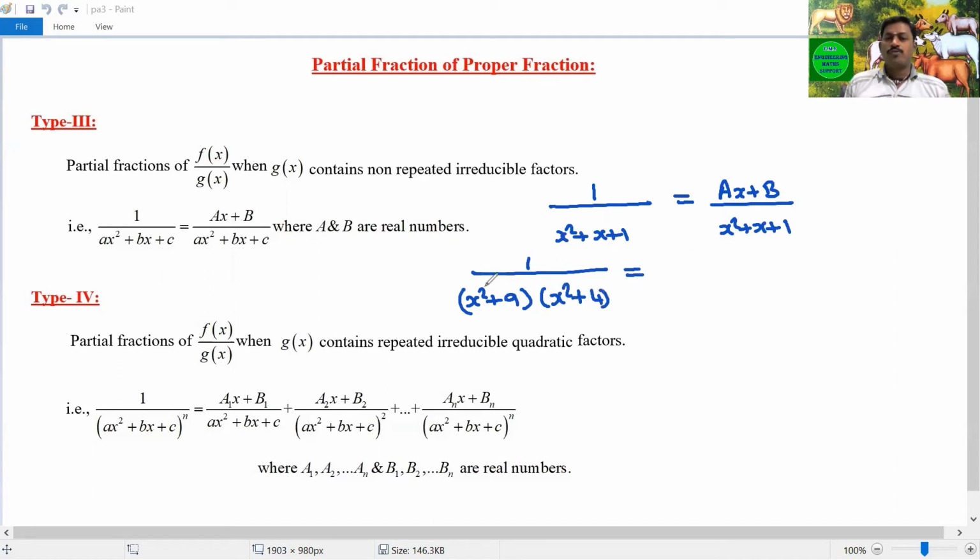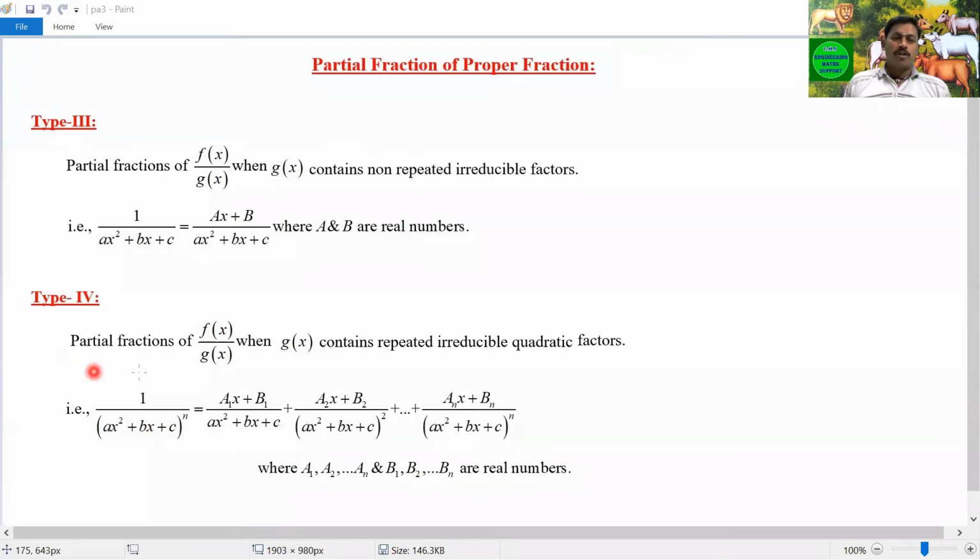If you observe this, these are also non-repeated irreducible factors. We can apply the partial fraction as Ax plus B divided by x square plus 9, and Cx plus D divided by x square plus 4. This is the way we can write the partial fraction for non-repeated irreducible factors.